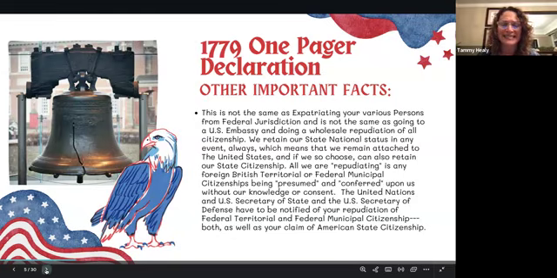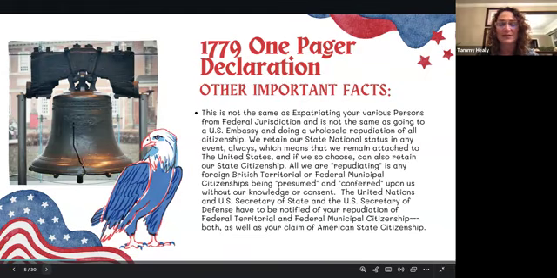And by the way, the United States is the soil jurisdiction, it's the county jurisdiction, okay? And if we so choose, we can also retain our state citizenship. All we are repudiating is any foreign British territorial or federal municipal citizenships being presumed and conferred upon us without our knowledge or consent.